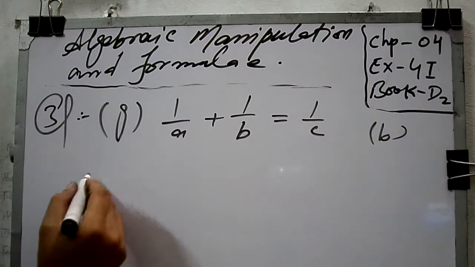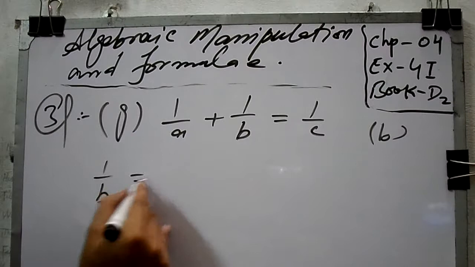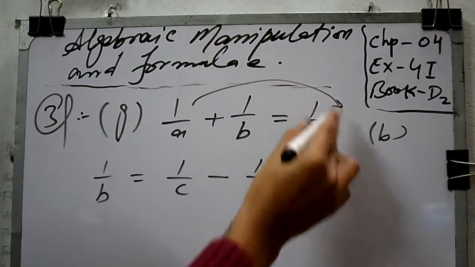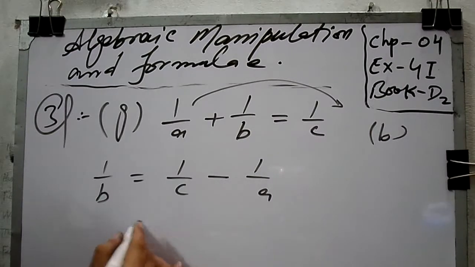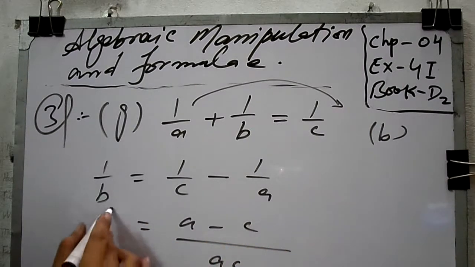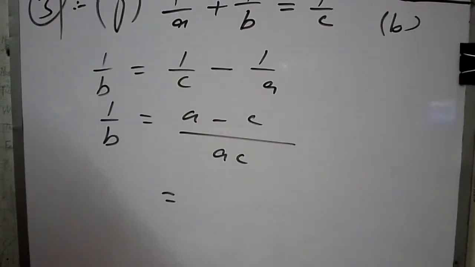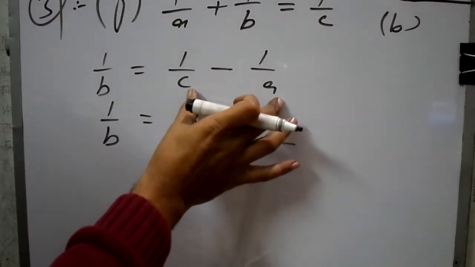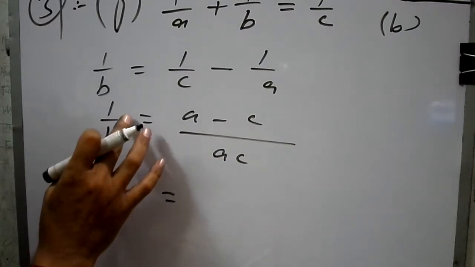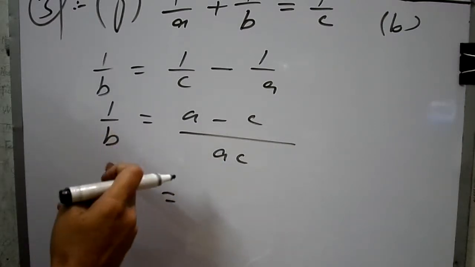So leave here 1 by B is equal to 1 by C, shift 1 by A, so it will be minus 1 by A. So taking LCM, you will get 1 by B, but you need the value of B, so invert it.